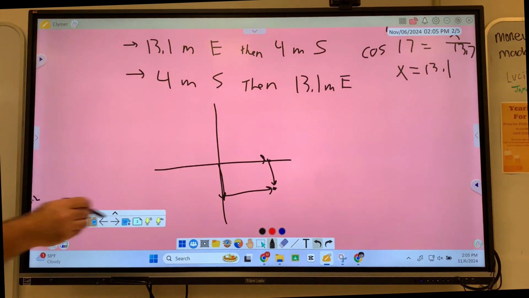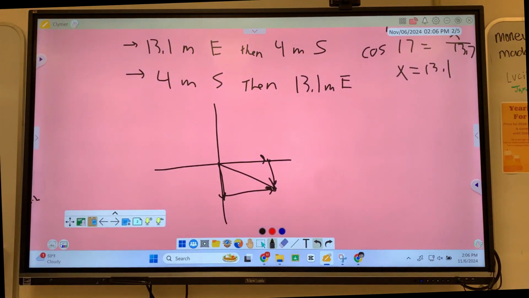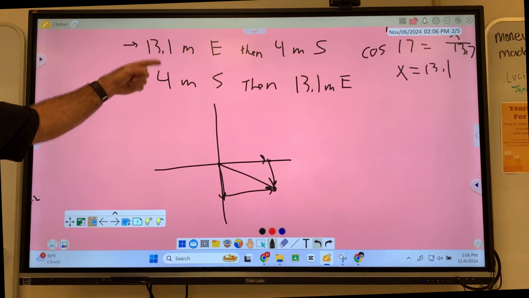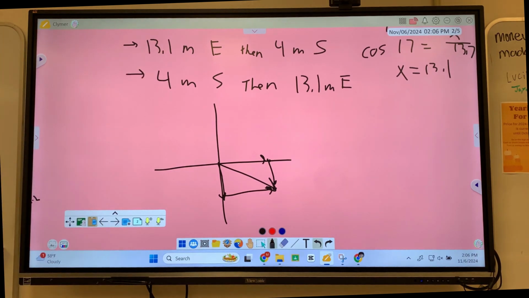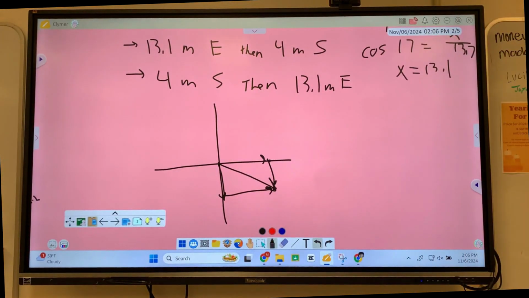So when you draw out this resulting vector, in any case, you're going to end up at that same blip. So in this case, both of these answers are exactly the same. Doesn't matter what order you go in to get there, you're getting to the same spot. I went however far east I went, and then I went some amount south. That will not make a difference. Let's practice all of this.